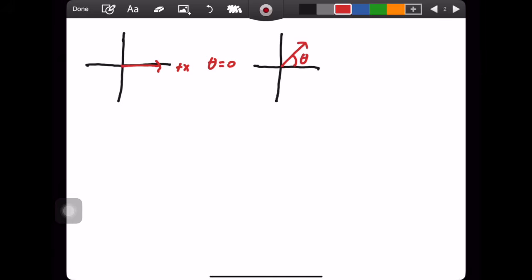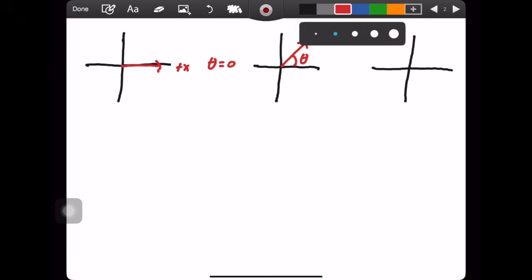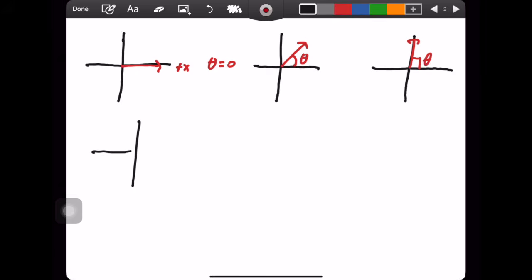But the point here is that theta increases as we move in a counterclockwise fashion. So for example, right here, theta would be 90 degrees. And you could probably imagine we could keep sweeping. So if I had my vector over here, theta would now be like this.